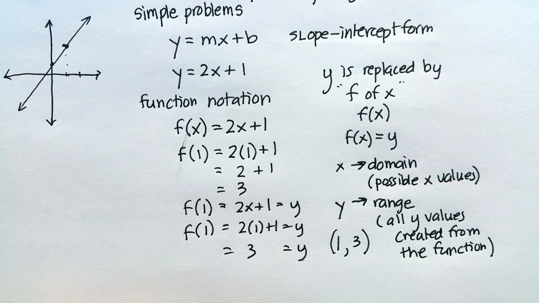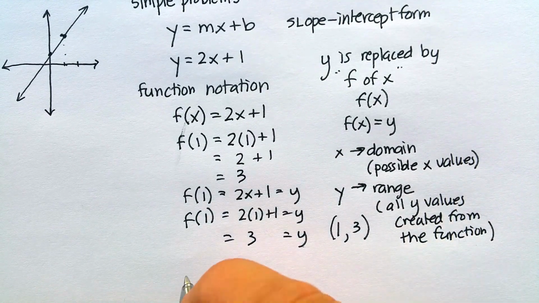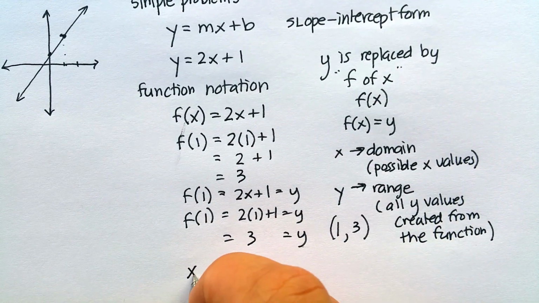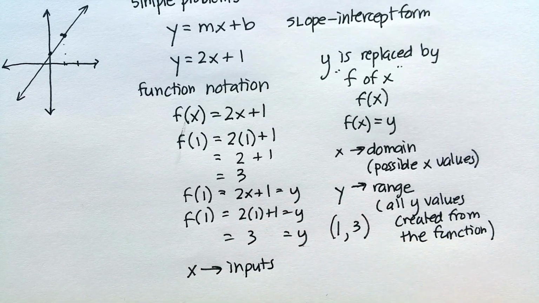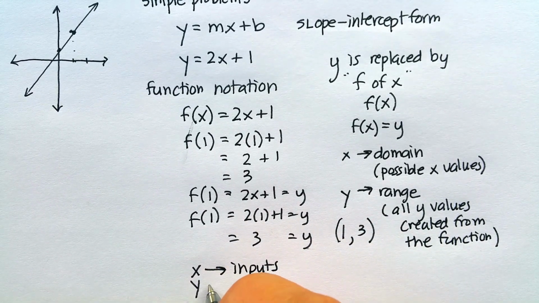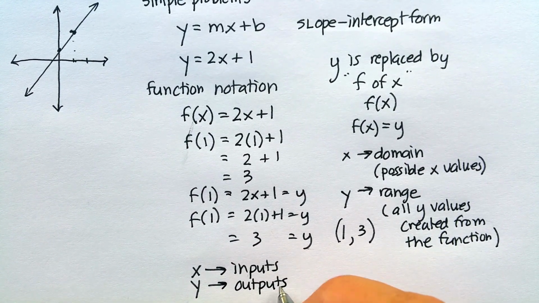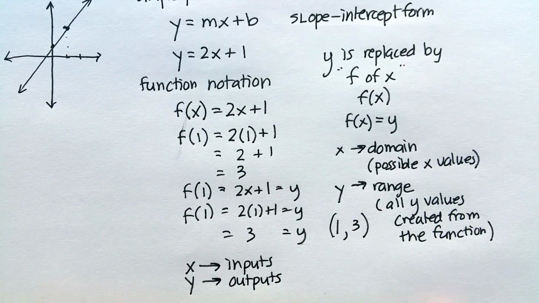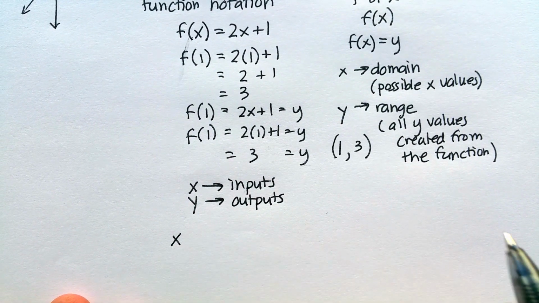Okay? So it's just a different way of talking about things. The x values are also known as inputs. My y values are also known as outputs. Think of it like this. I have an x.